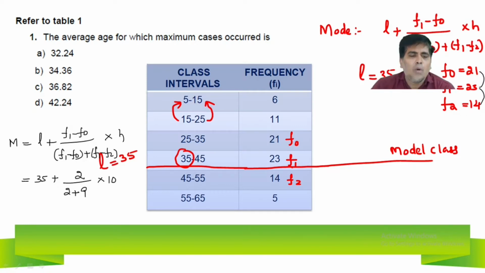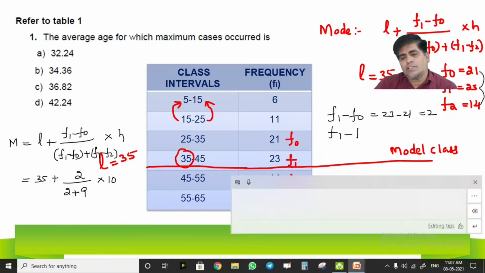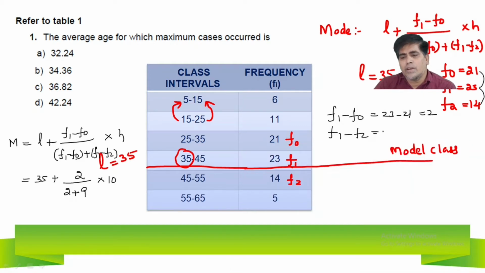I have calculated F1 minus F0 directly, that is 23 minus 21, clearly 2. Similarly, F1 minus F2 is 23 minus 14, and that is clearly 9.